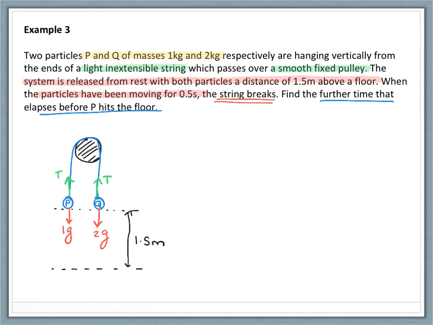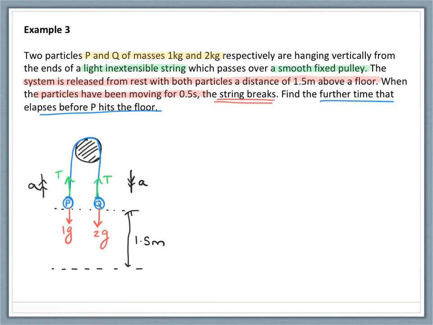So let's think about what's going to happen here. The system is held in place. It's in equilibrium. Once the system is released from rest, Q is the heavier particle, so it will accelerate downwards like that. P will, of course, because it's attached to the other end of the string, accelerate upwards like this. They will have the same acceleration because it's an inextensible string.